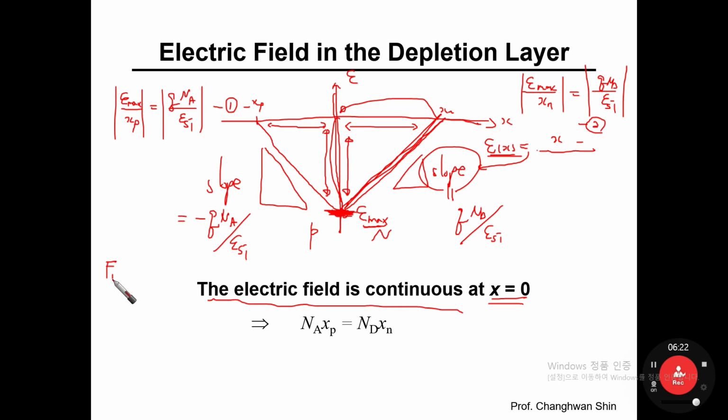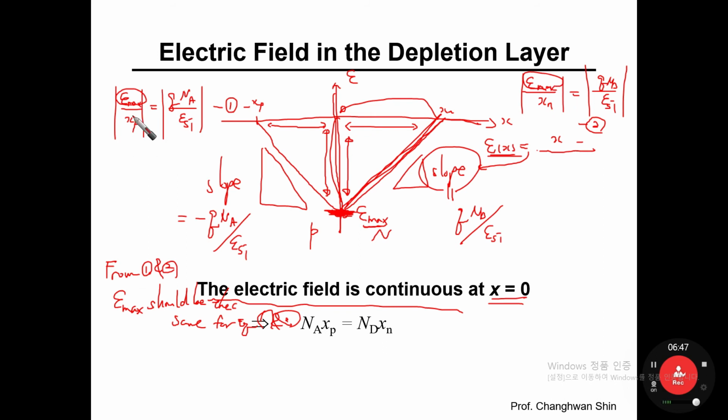So from 1 and 2, Emax should be the same for equation 1 and 2. So this Emax, that Emax should be same.